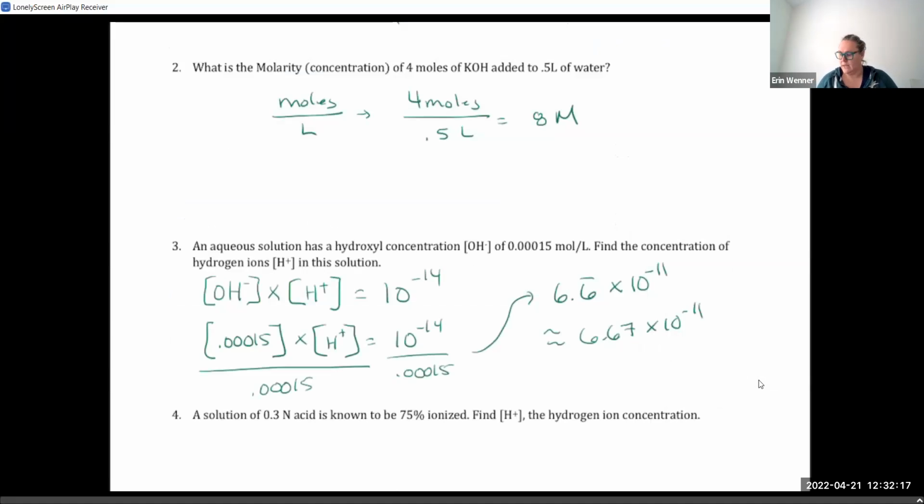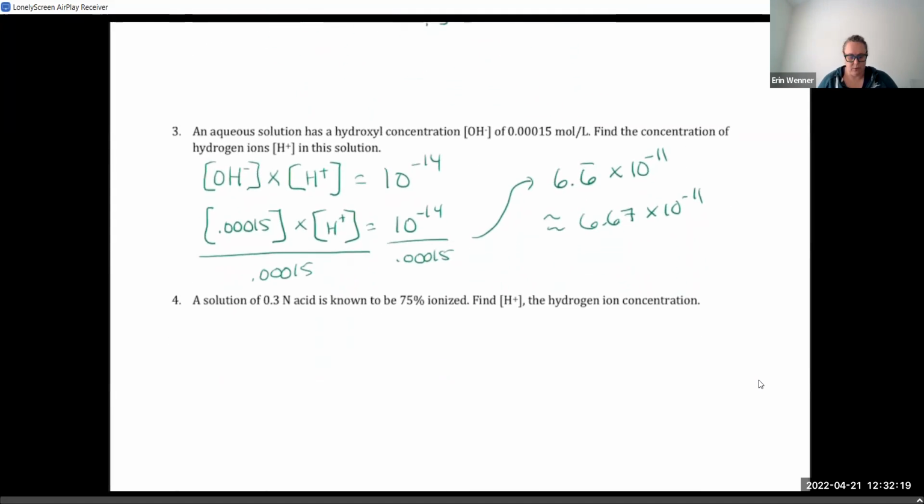All right, so the last one we're going to do is number 4. That says a solution of 0.3, and this is not N, acid is known to be 75% ionized, and ionized just means dissociated. Find H plus, or the hydrogen ion concentration.